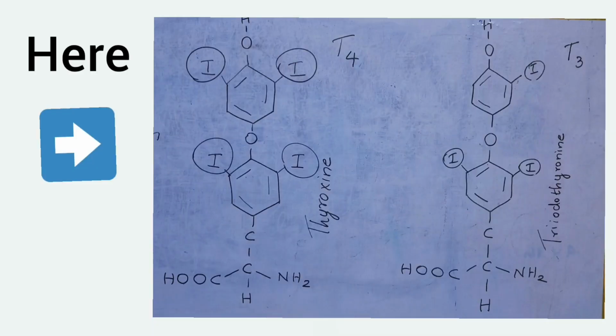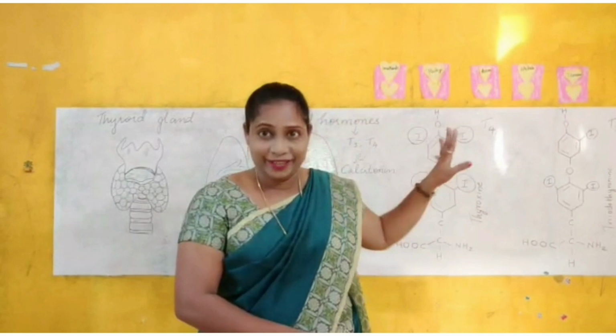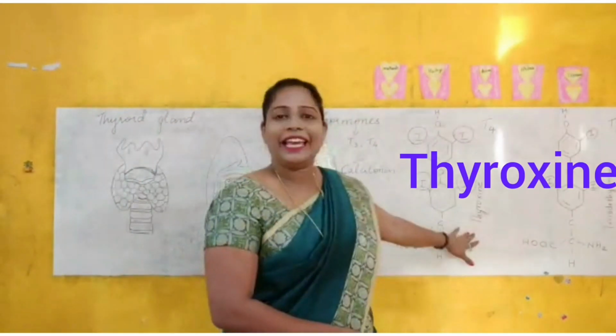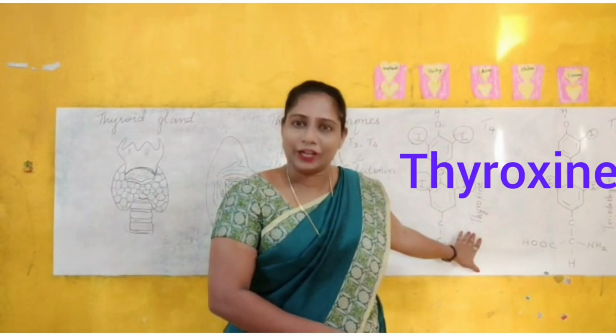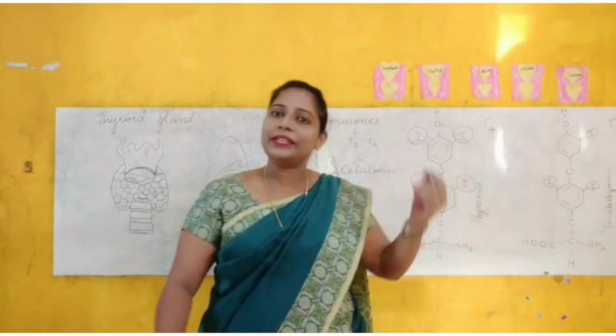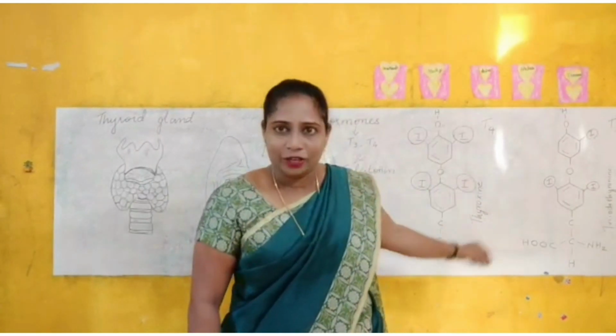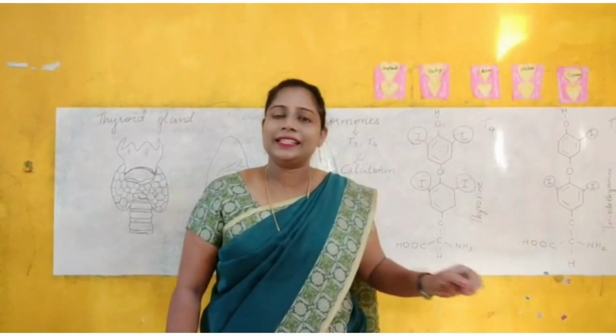Here if you see the structure, I can see 1, 2, 3, 4. How many iodine are present? 4. This is your thyroxine. Thyroxine hormone. Thyroxine is otherwise called the personality hormone.